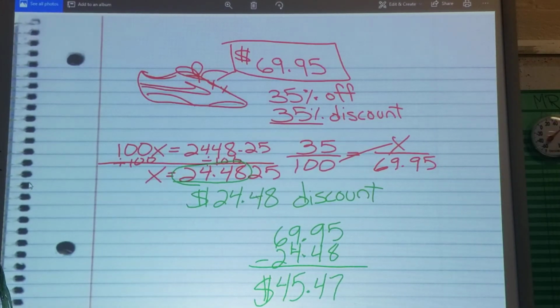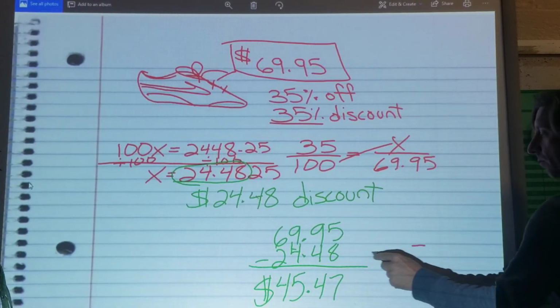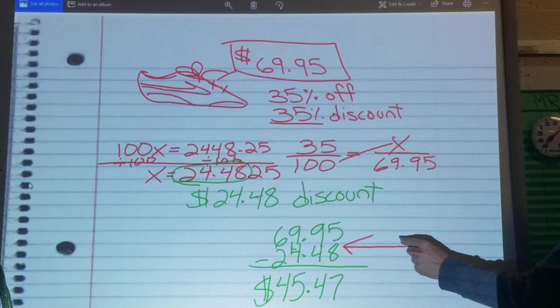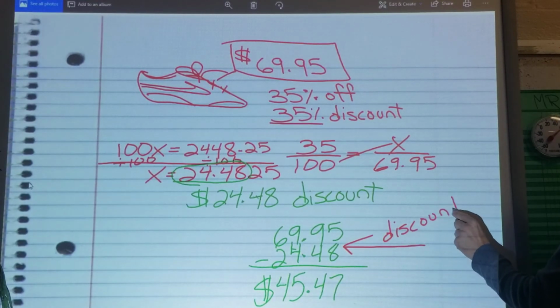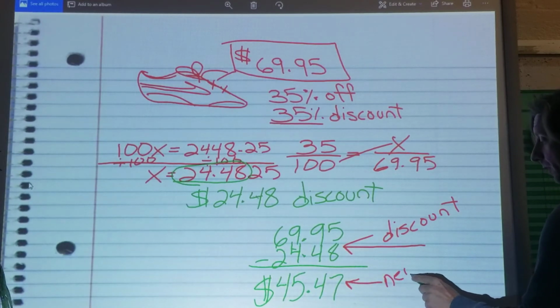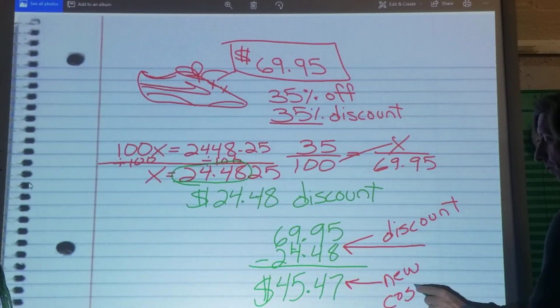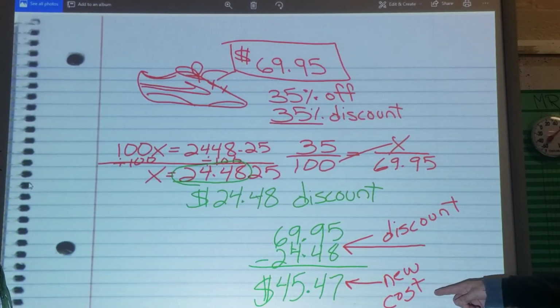So you don't know what people are going to ask you in these math problems. If they ask you how much is the discount, there's your discount, right? That's how much money you're saving. If they're asking you the new cost, here's the new cost of the shoes after you subtract the discount. Okay, so sometimes they'll ask you for this, sometimes they'll ask you for this. So you got to be careful, all right?